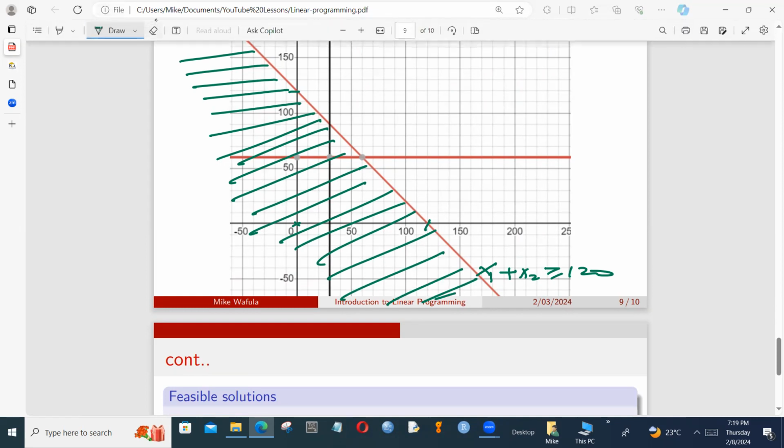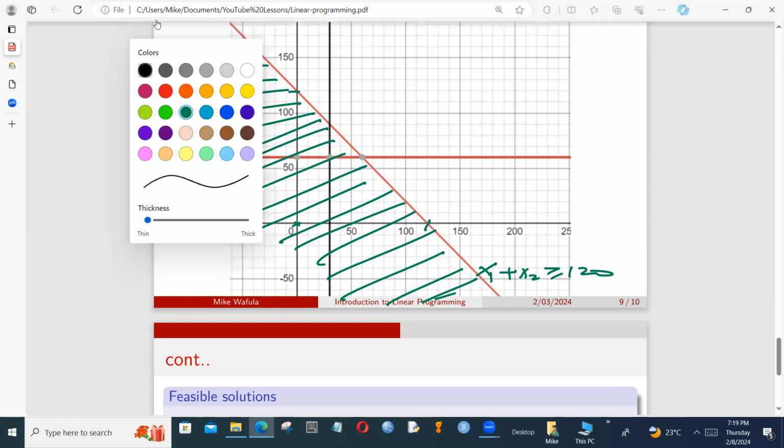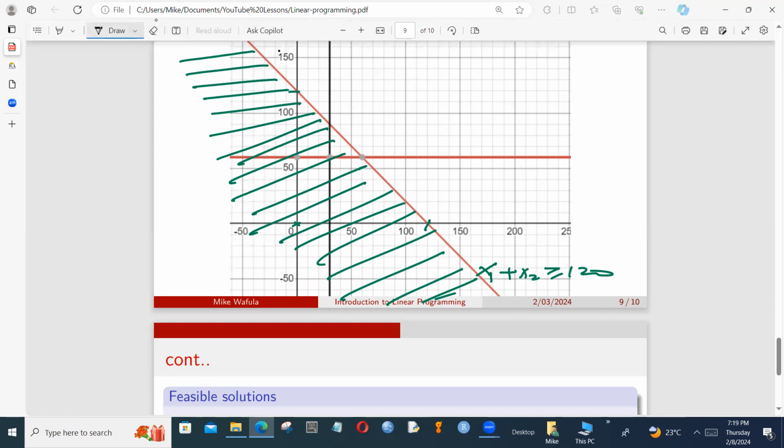The other inequality that we have is this one. Remember, this is x2 and this is x1. So we are saying x2 greater or equal to 60.